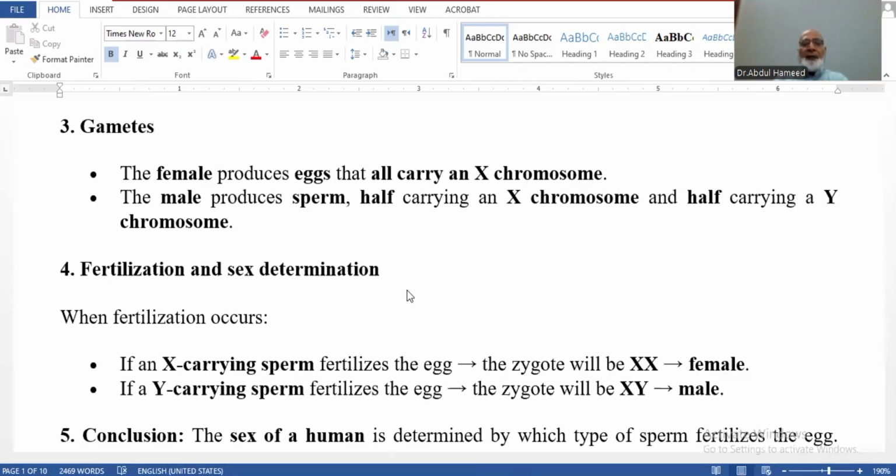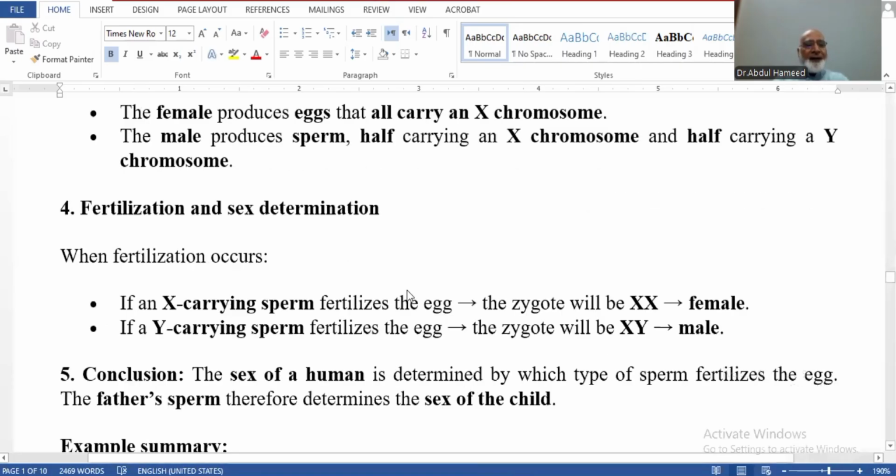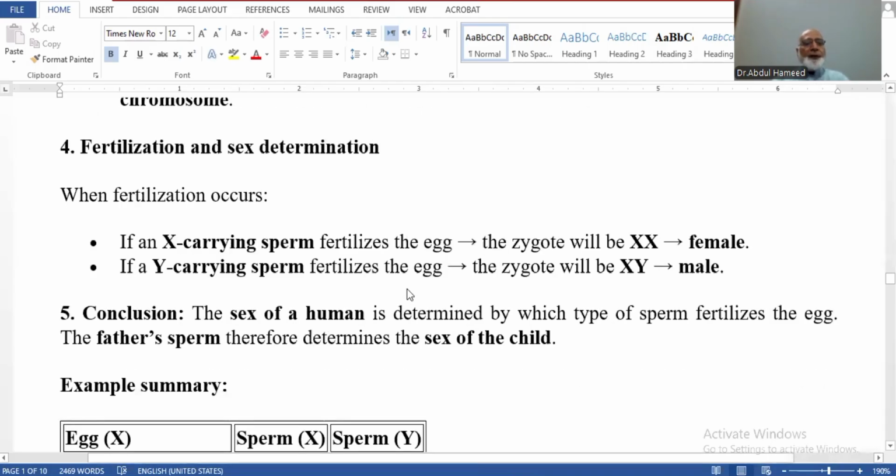The resultant offspring will be female. If a Y-carrying sperm fertilizes the egg, the zygote will be XY, which is male. Conclusion: the sex of a human is determined by which type of sperm fertilizes the egg. The father's sperm therefore determines the sex of the child.